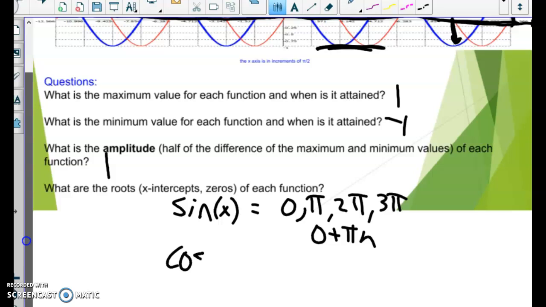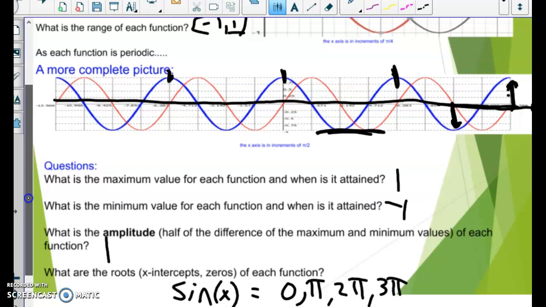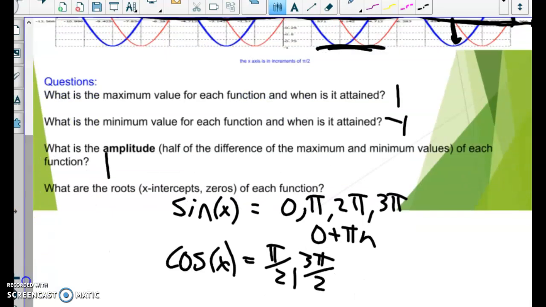Now, the zeros of cosine of x, we found those at pi over 2, 3 pi over 2, and 5 pi over 2, and 7 pi over 2, which means basically every pi. If I wanted to write all of them, I would say pi over 2 plus pi n, where n can be positive or negative, so I could find all the zeros going to the left also.